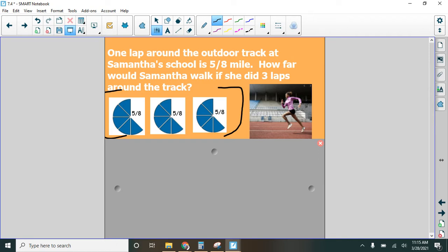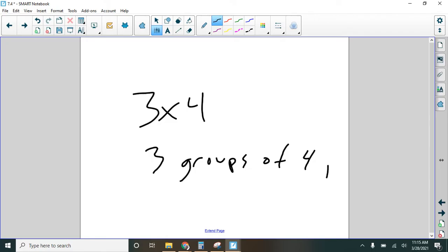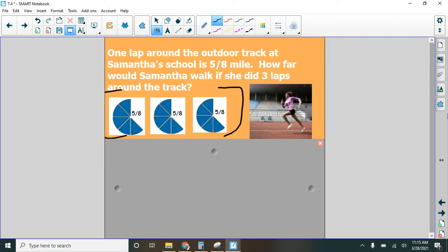Remember, whenever you're multiplying, that's like groups of, right? 3 times 4 means 3 groups of 4, both of which are 12. If you have 3 times 5/8, you have 3 groups of 5/8, right? So 3 groups there for us.